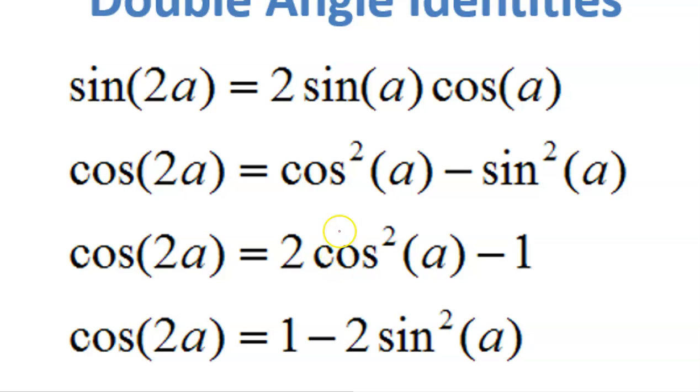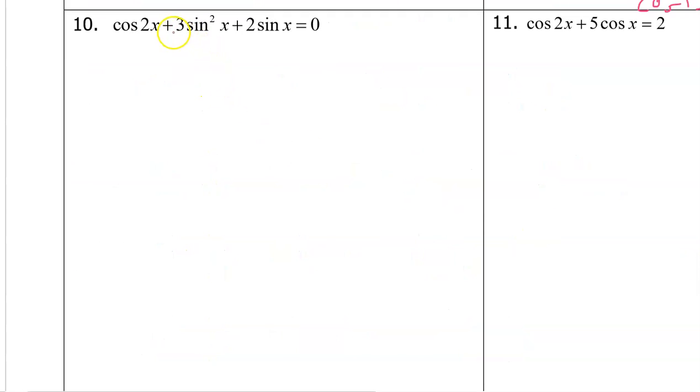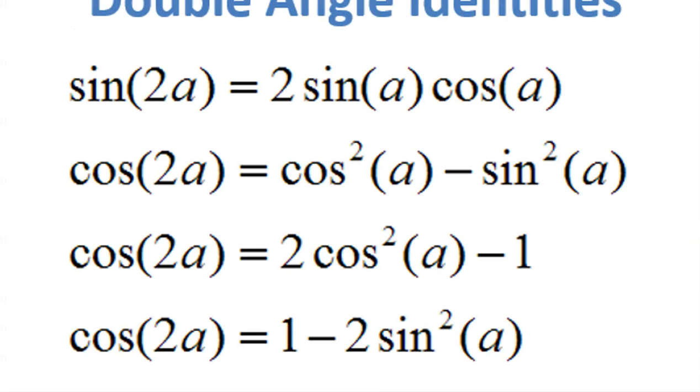So you have to be a little bit strategic in choosing which one you want to use. So in this case, if I look at the rest of the problem, I notice that everything else has the sine function in it. So it would be wise for me to go with the version that involves the sine function. So I'm going to use the third one. Cosine of 2x is equal to 1 minus 2 sine squared.